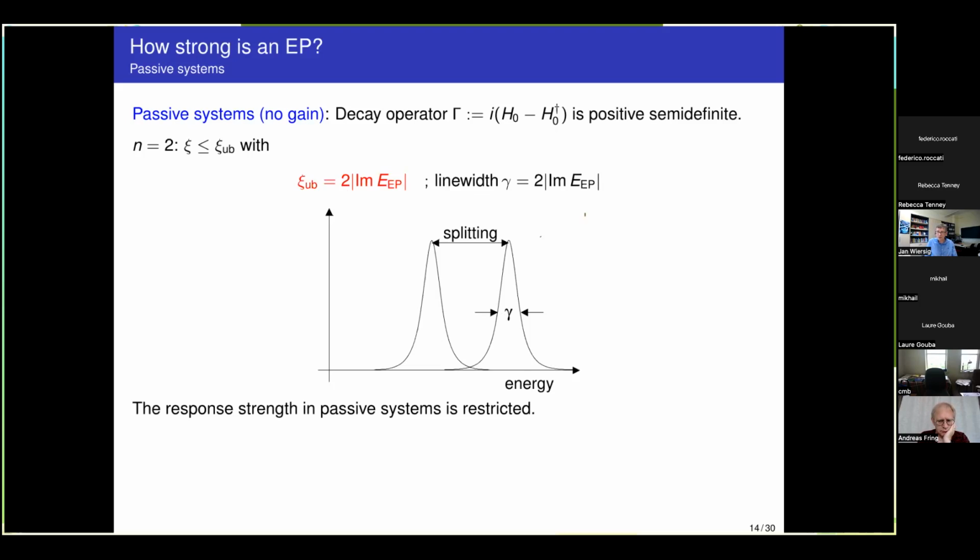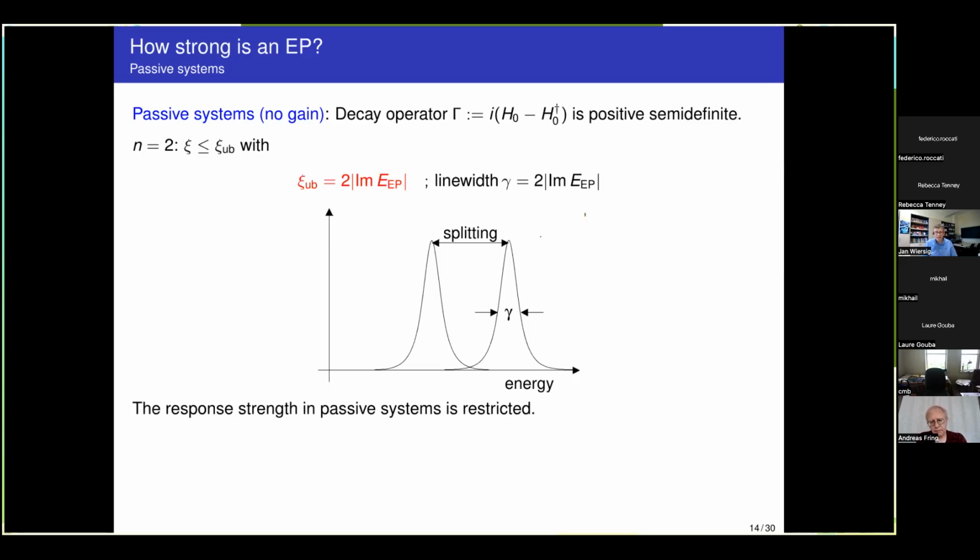So now it turns out that for passive systems, these things are related. If I have a large line width, I can have a large splitting, which I actually also need to resolve it. But if I have a small line width, which helps me to resolve the peak, I have only a small maximum splitting, right? So this is counteracting.